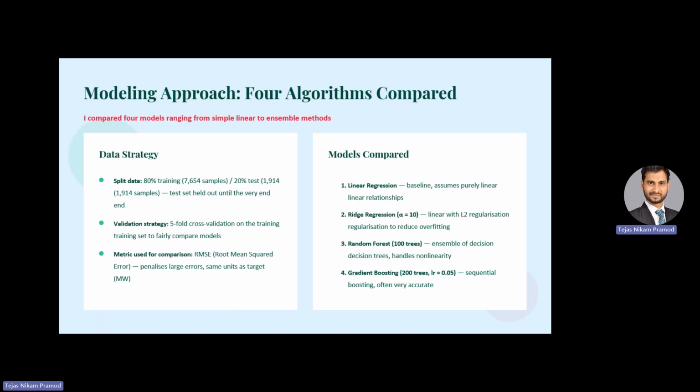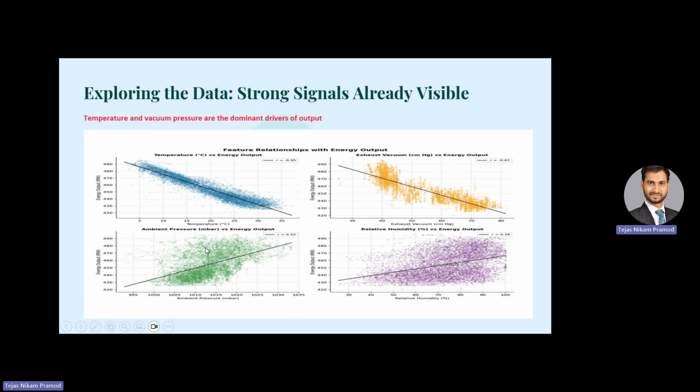Now let's look at the modeling approach. I've split the data into two parts, training and test: 80% in training, 20% in test. Then on the training data, I used five-fold cross-validation to set up a fairly comparative model.